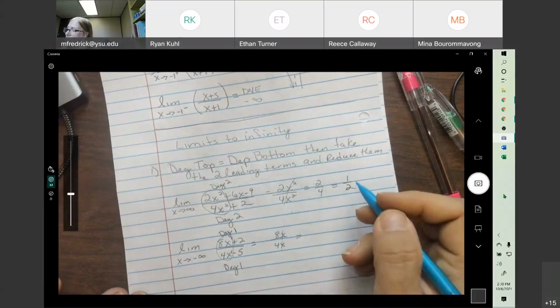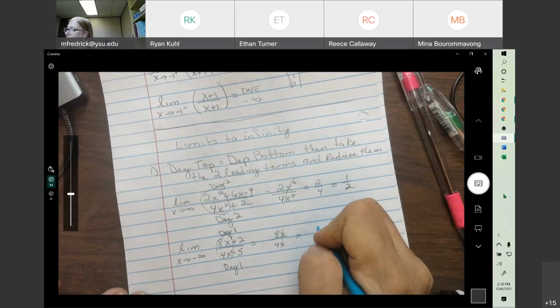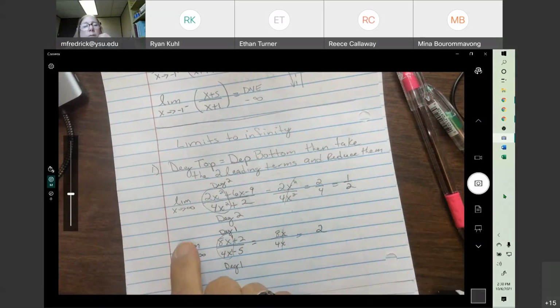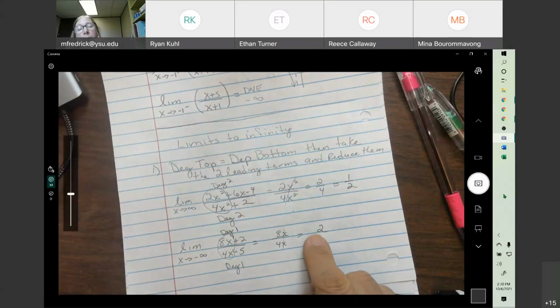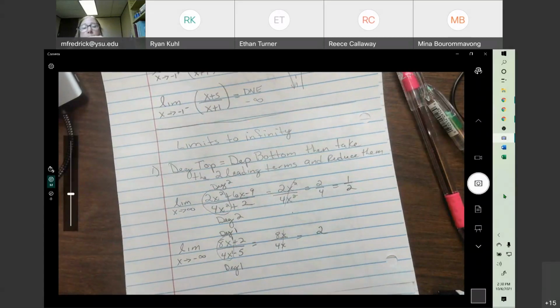The x's cancel. 8 divided by 4 is 2. So as x gets negatively large, y approaches 2. Any questions on that? Need to do one more?